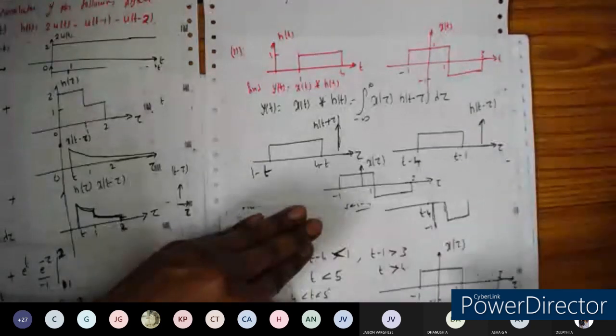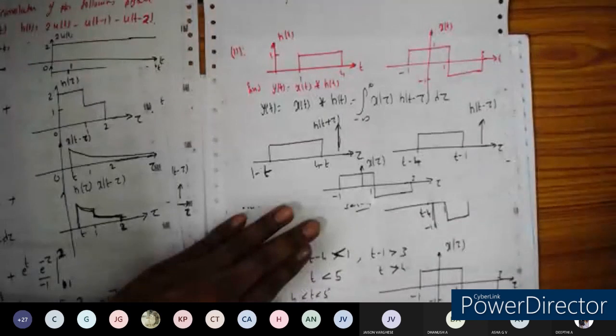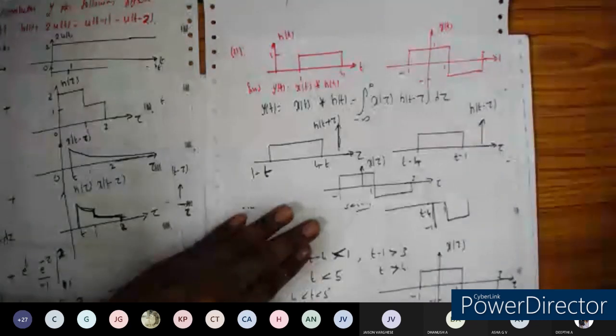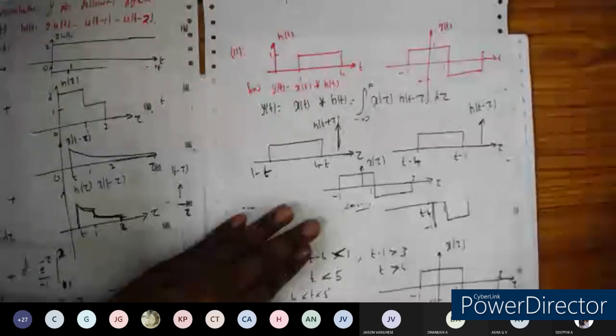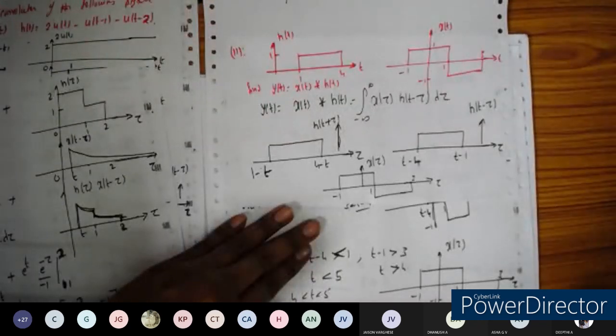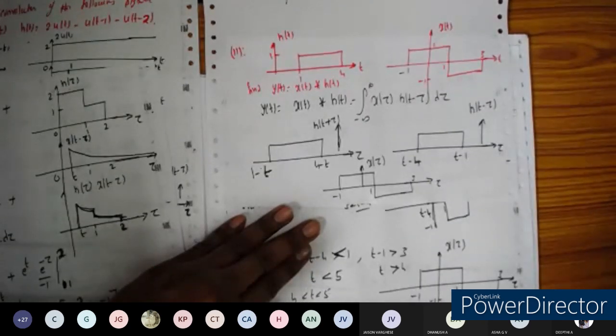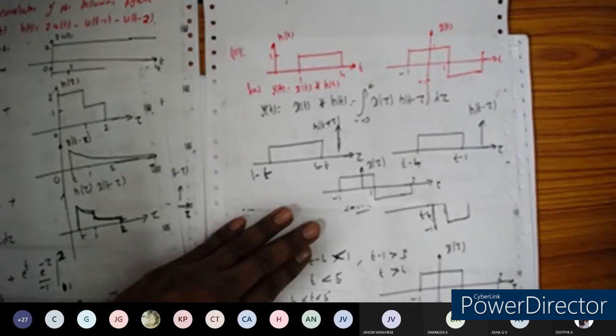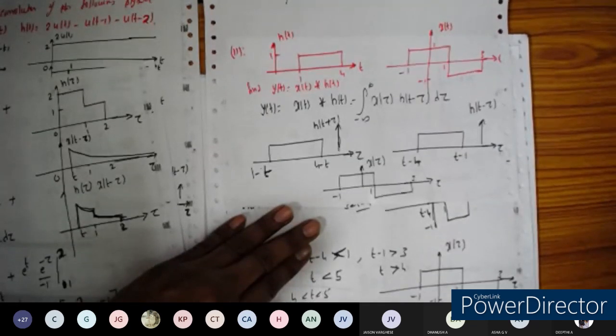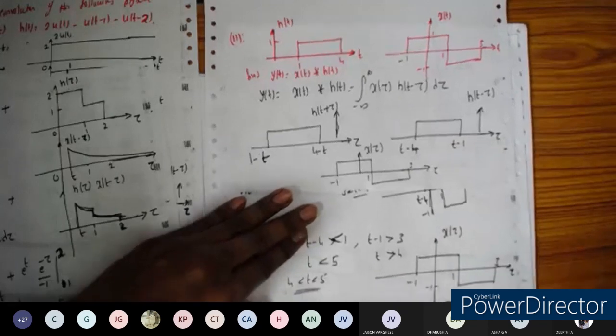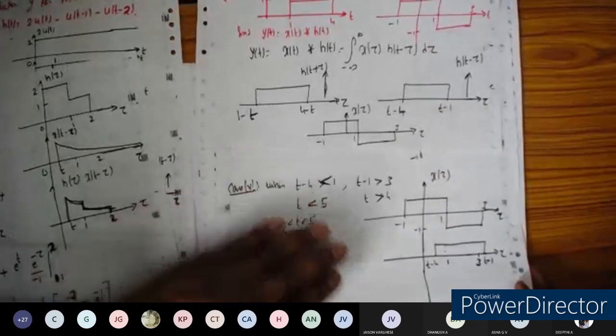I can move this h of tau like this, so even if only some part overlaps, the waveform will be like this. This is t minus 4 and this is t minus 1. Somewhere here we get 3, because we are taking t minus 1 greater than 3, and here we get 1. So this is 3, this is t minus 1, this is 1, this is t minus 4. When you take the product of this one, you can see the waveforms, right? Can you see?